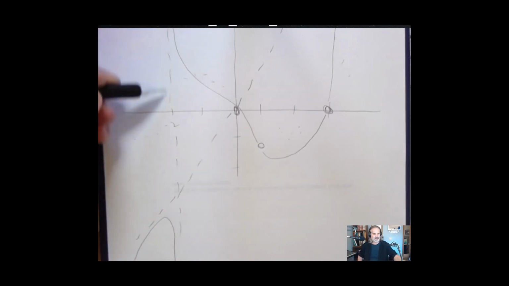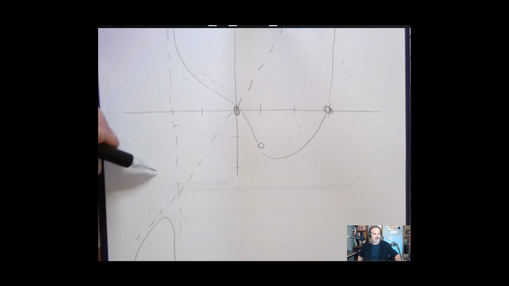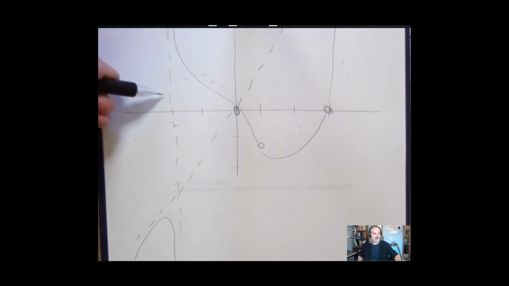Maybe it follows the slant asymptote. Well, it can't do that and come up here because, first of all, it needs to be negative everywhere to the left of -2. But also, if the graph did do this, there would have been an x-intercept. And there isn't, because we found them all before we even started graphing this. Okay, so that is my anticipation of what the graph of this is going to look like.